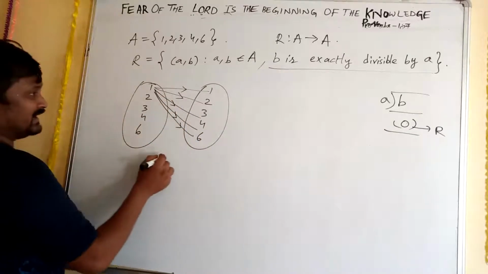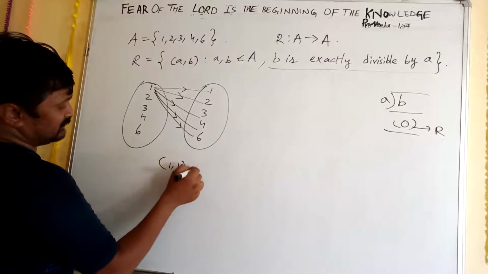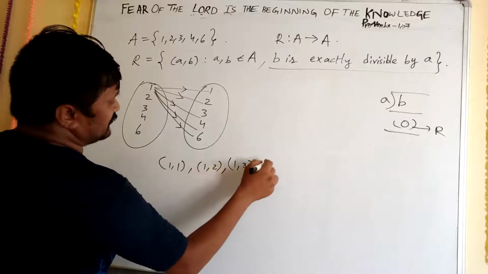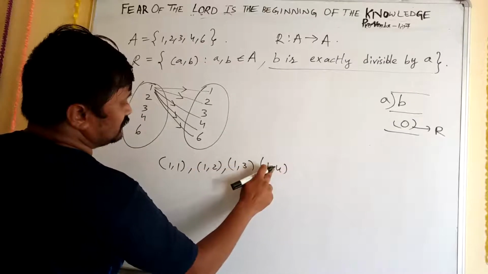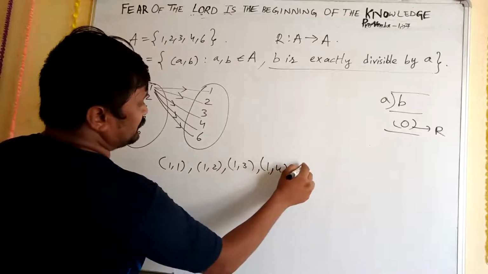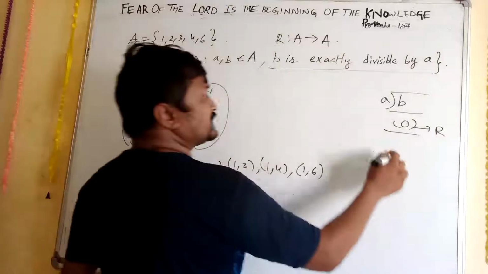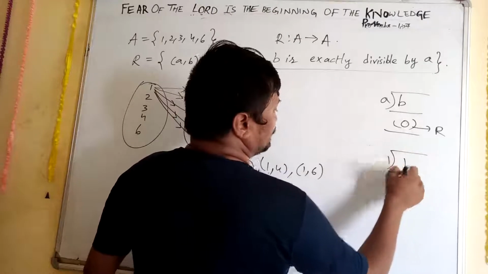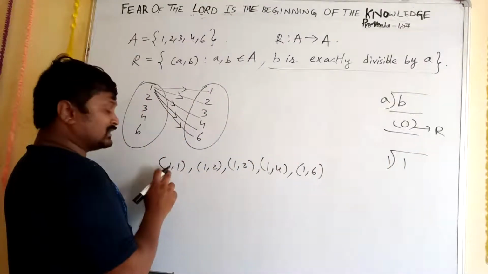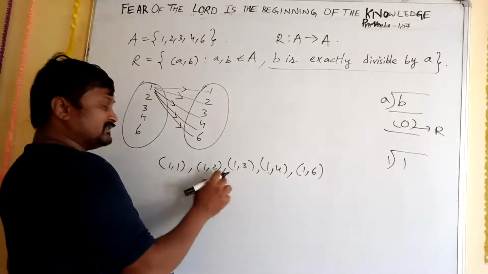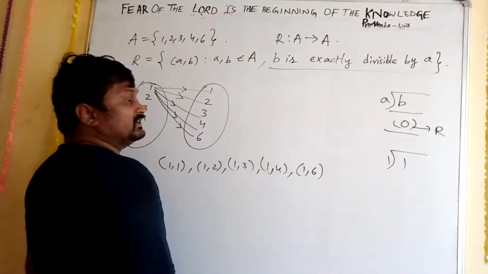So we can write (1,1), (1,2), (1,3), (1,4), (1,6). Observe carefully: the first one is a and the second one is b.